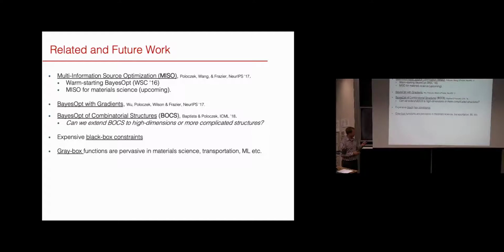I'm currently interested also in black box constraints, which I also discussed with Matt very quickly today, and gray box functions. So sometimes the assumption of a black box function is just too restrictive, right? Sometimes you actually get a lot more information. We can look inside the simulation. We can get maybe norms of the gradient during training or things like that. So we know much more than just the scalar value at the end.